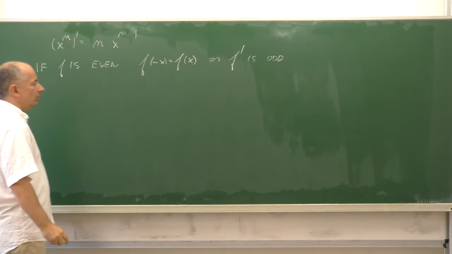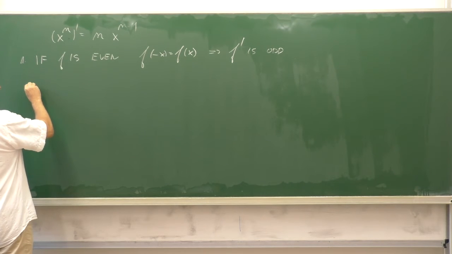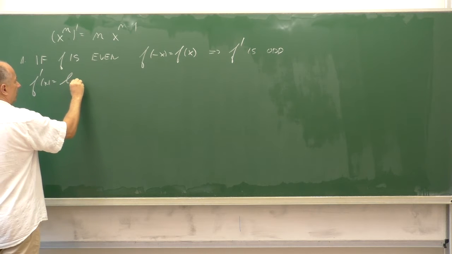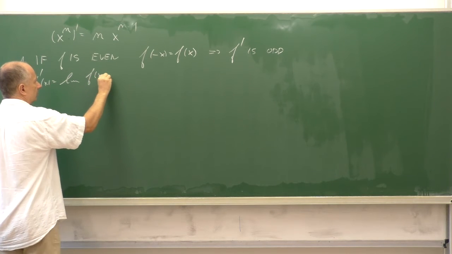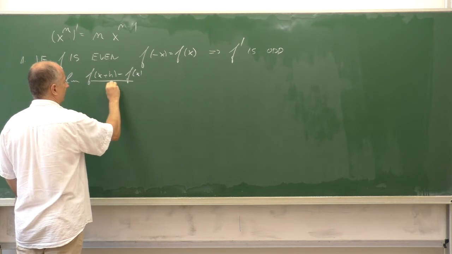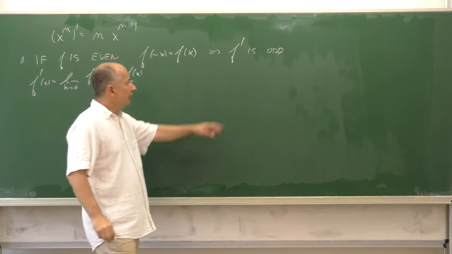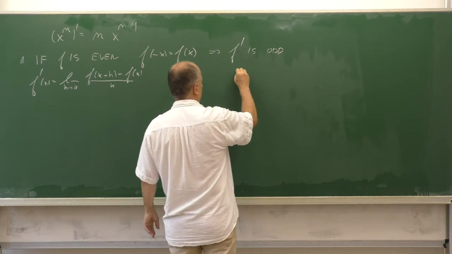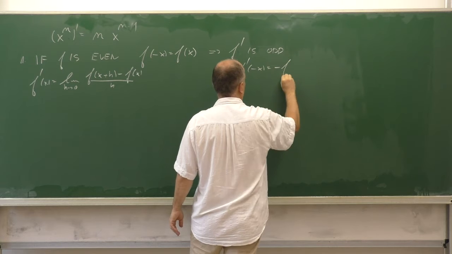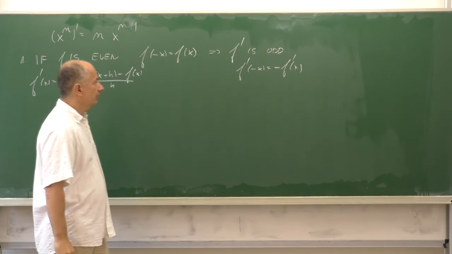This is easy to show using the definition of the derivative. The derivative of f at x is the limit of the fraction f of x plus h minus f of x divided by h, for h going to 0. And to show that the derivative of f is odd, that means the derivative of f at minus x is minus the derivative of f at x.